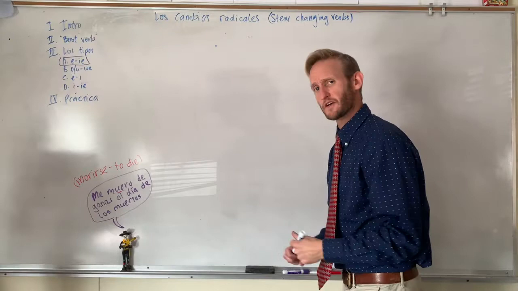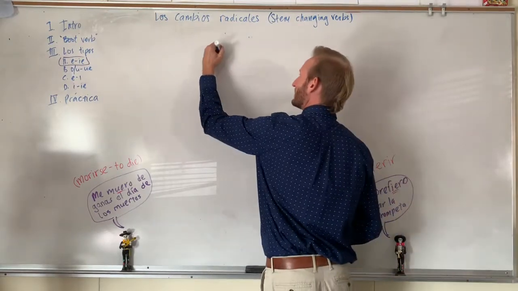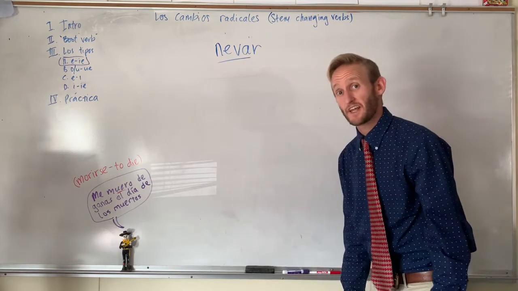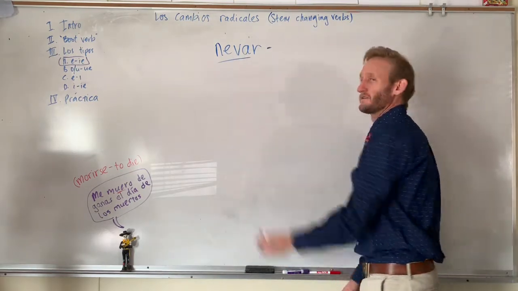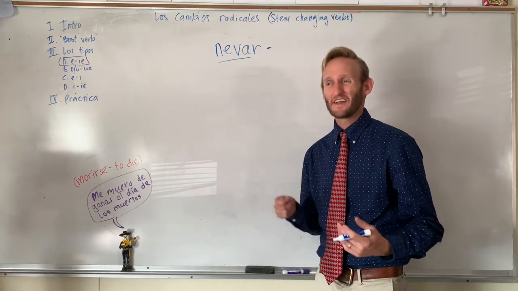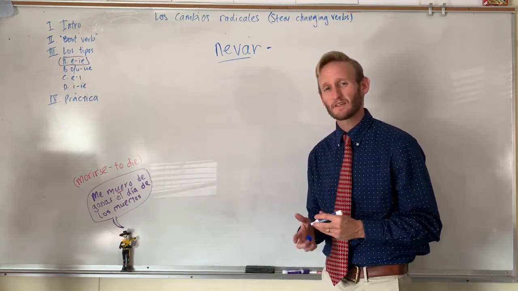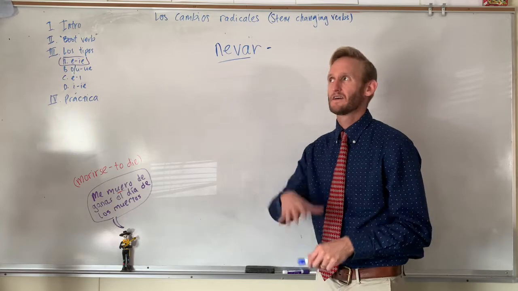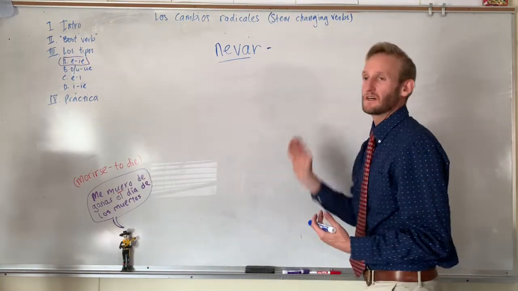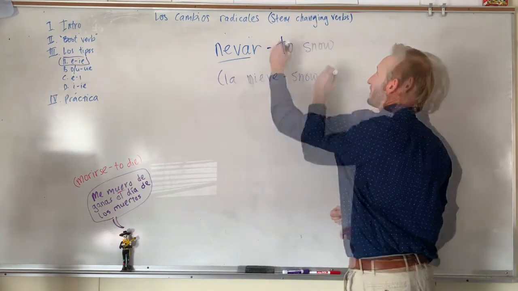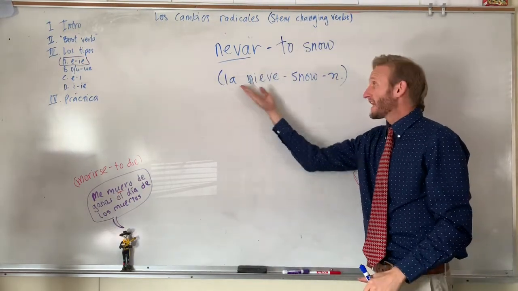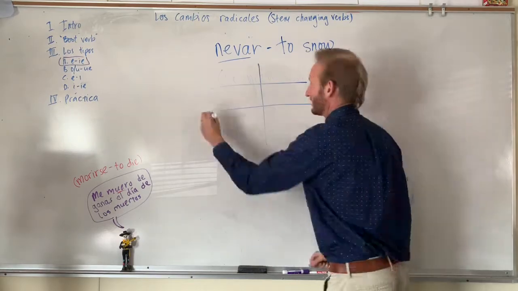Let's do a weather verb, shall we? Nevar. This looks like the state of Nevada. When the Spaniards arrived to what is now known as Nevada, they noticed that there were a lot of snowy peaks, so they called it Nevada to represent the snowy peaks that they saw. So nevar means to snow. The noun, la nieve, simply means snow.